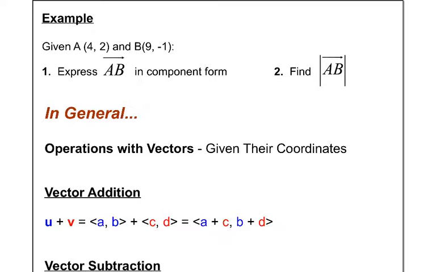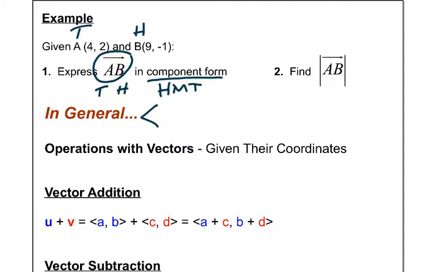All right, well, here we go. I've got A and I've got B, and I want to look at this vector here. That means A is the tail, and B is the head of it, because it has the arrow head. So if I want to do component form, I need to do head minus tail. Let's see. Let's open up our pointy brackets. Let's do head minus tail. Here's our head, and here's our tail.